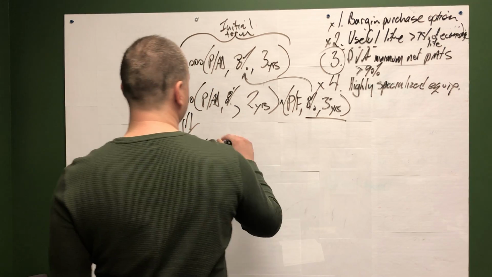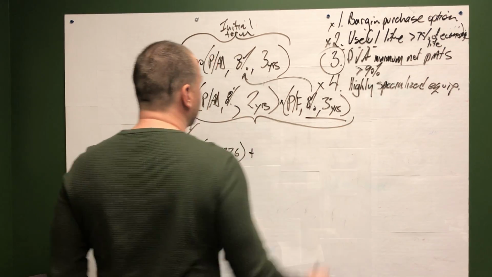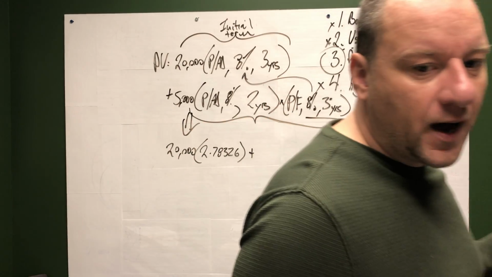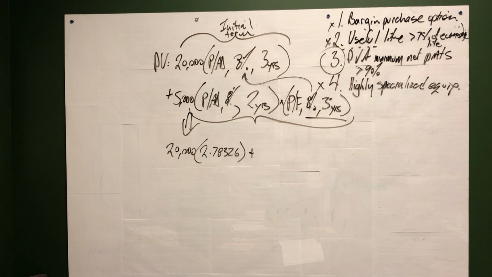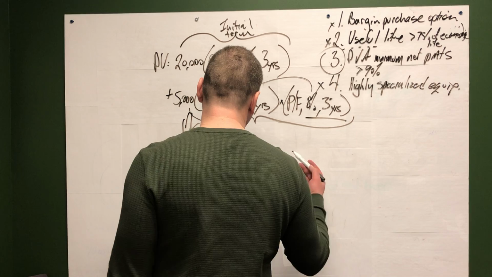Plus, now we got to use the $5,000 payment, which is our lease option. If we want to lease it for another 2 years, we have to figure that in as well.